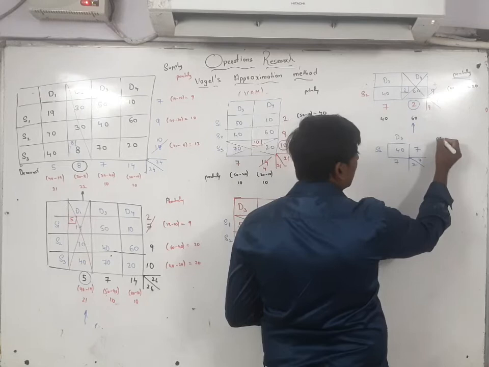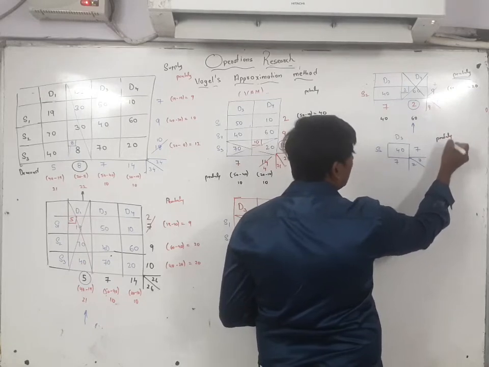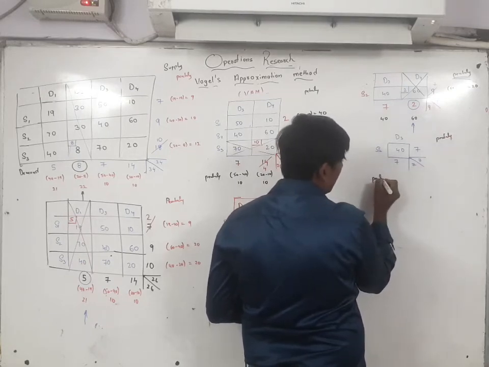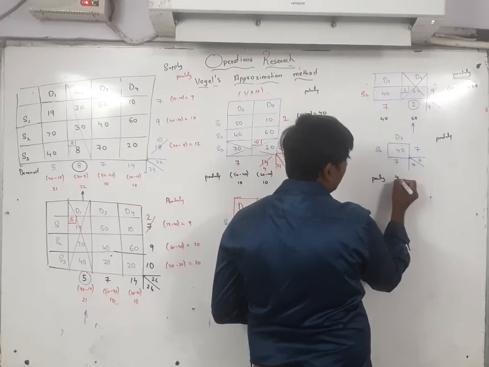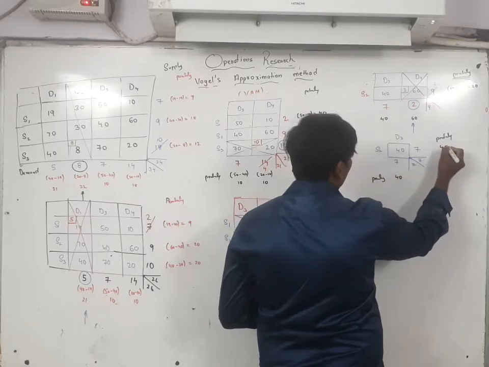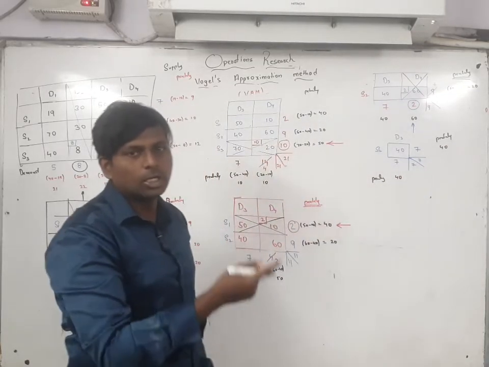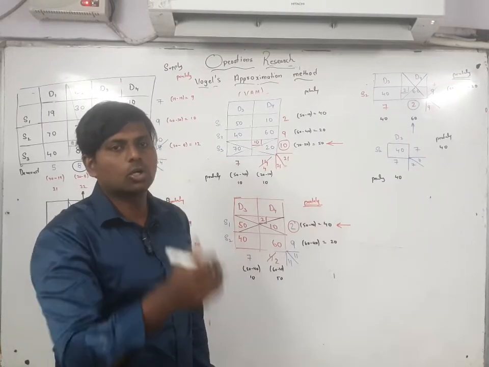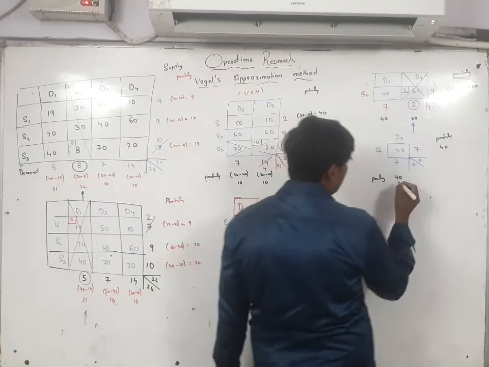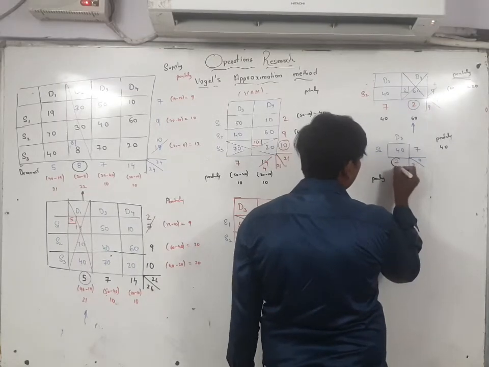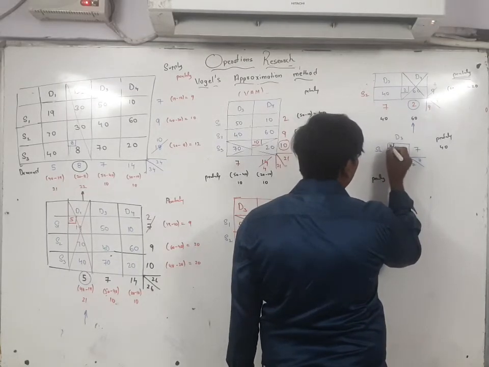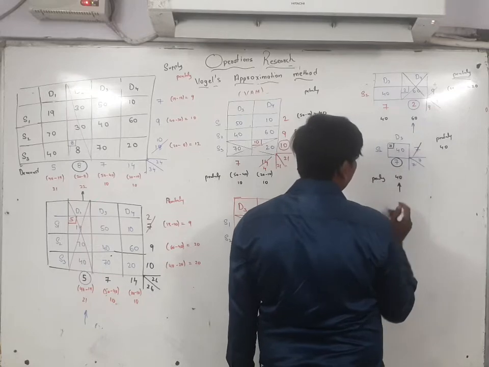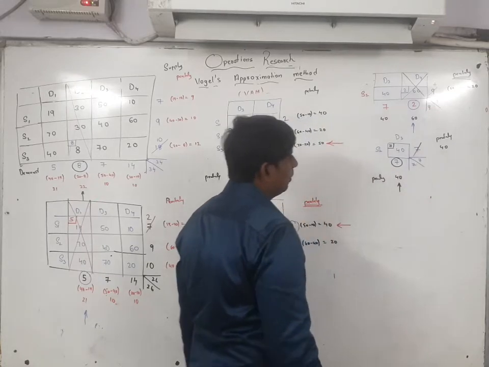If you find out the penalty here also, the penalty is 40. Now you can select any part, because both the penalties are the same. You can go row wise or column wise. It's up to you. So I am traveling from here, this 7 I located here, then I cancel 7 from here. So here I got the complete allocation.